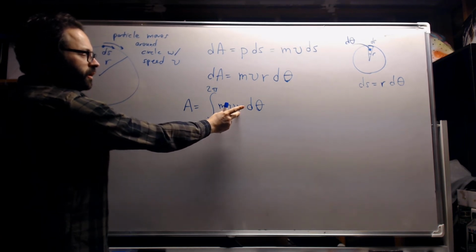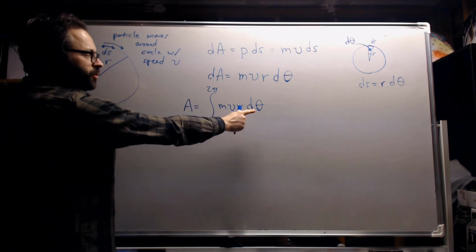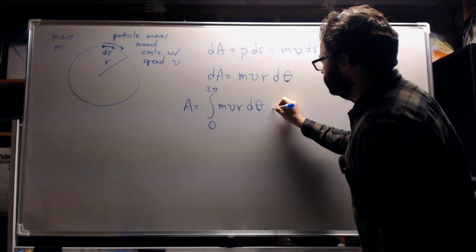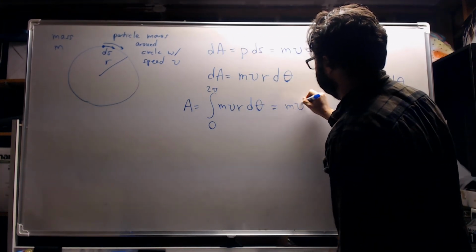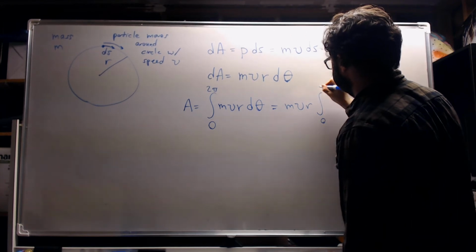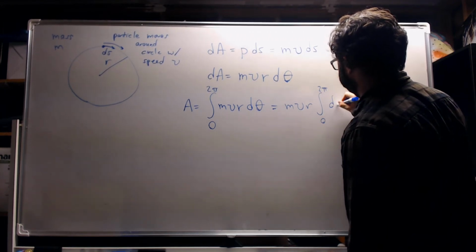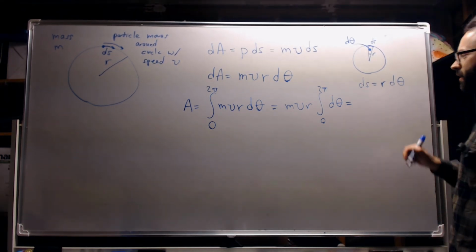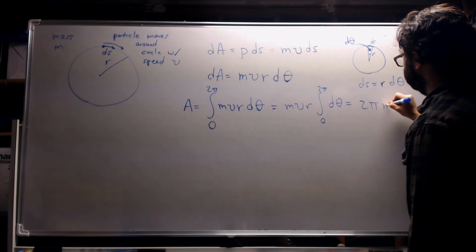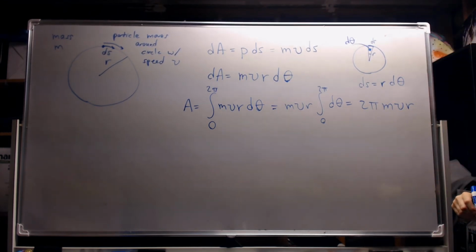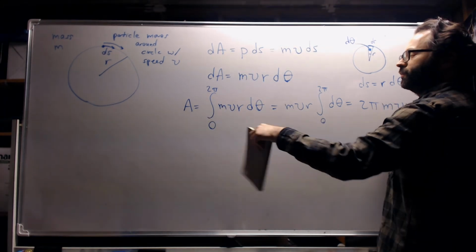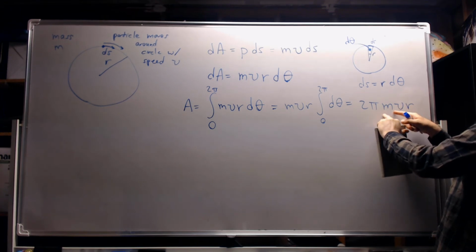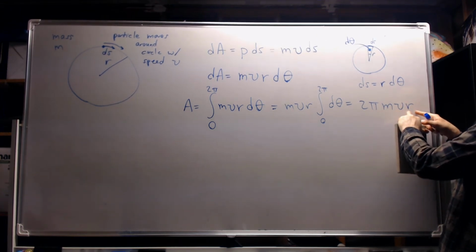So all these terms are constants with respect to integration over the angle, and they can come outside the integral. This gives m v r times the integral from 0 to 2 pi of d theta, which is 2 pi. And so the action of a particle that moves around the circle is equal to 2 pi m v r, where this is its mass, this is its speed, and this is the radius of the circle along which it's moving.